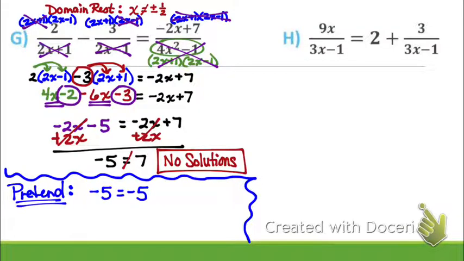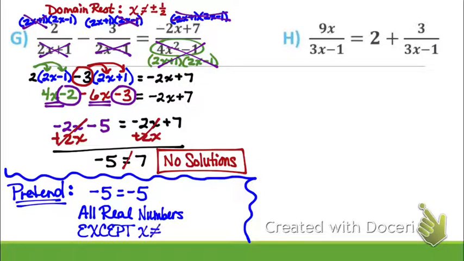Why? Because those are your domain restrictions. Yes, those are our domain restrictions. So all real numbers except x cannot equal positive or negative 1/2.